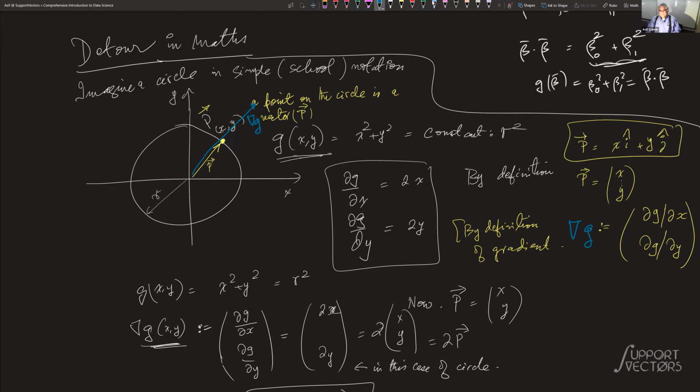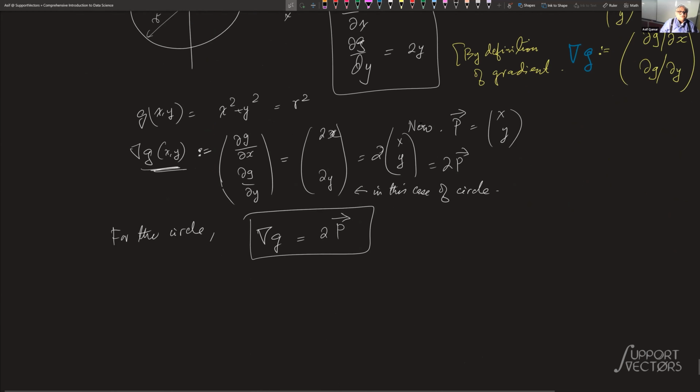What we are saying is, let me summarize the point. So we find, for this specific case, grad G points along P, right?